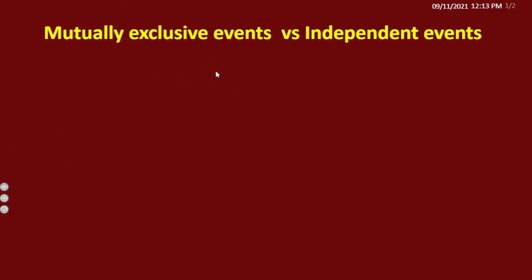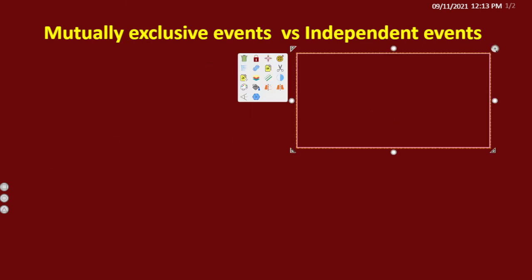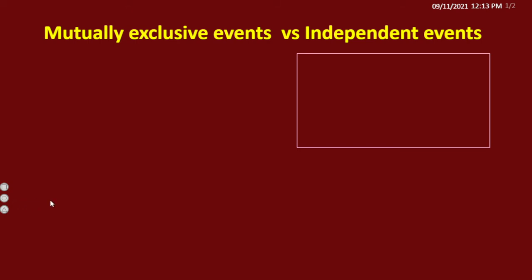Let me take a Venn diagram and explain how it works for independent events. I take two sets; we will begin with two to understand and then get back to 3, 4 in general terms.